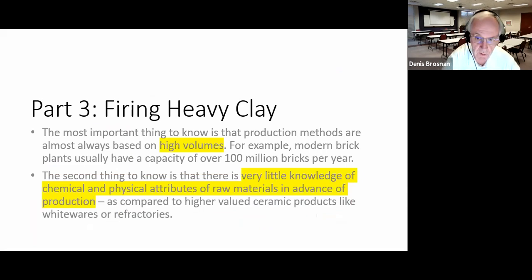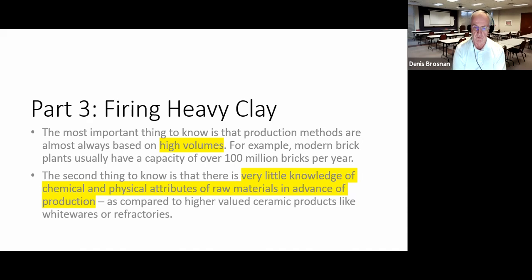Well, there are some things to say about firing heavy clay products. The first thing to be said is there's a large volume of material going through a kiln. Bricks as products are typically stacked up on one another on kiln cars, conveyances that go through a continuous tunnel kiln.